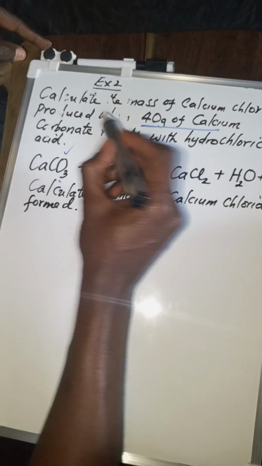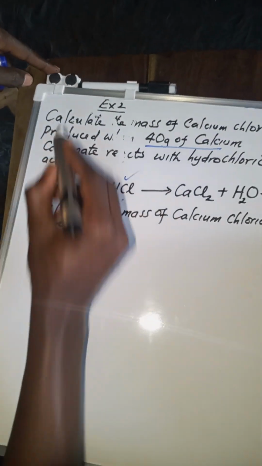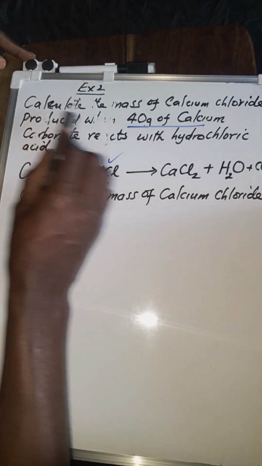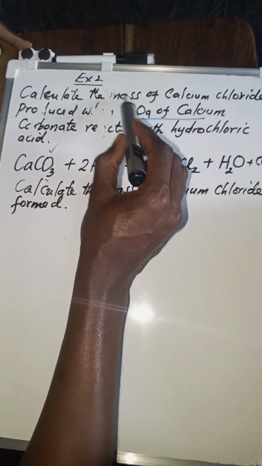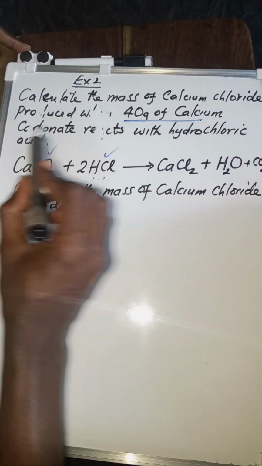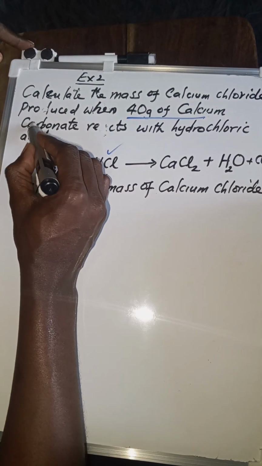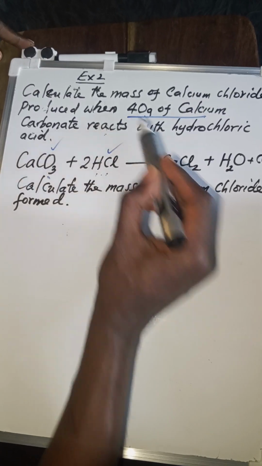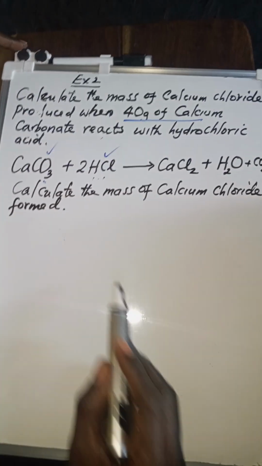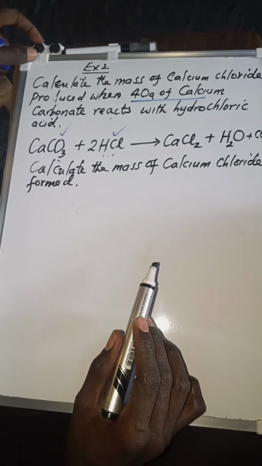This one has slightly been erased, but of course it says calculate the mass of calcium chloride produced when 40 grams of calcium carbonate reacts with hydrochloric acid. So they have already given you the balanced chemical equation.